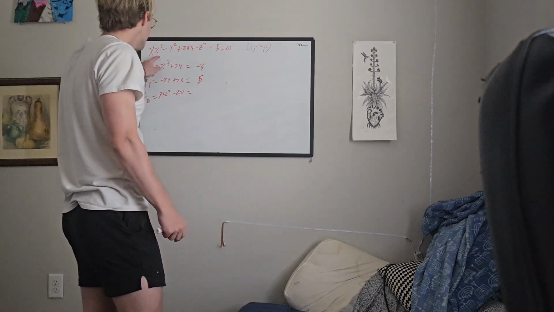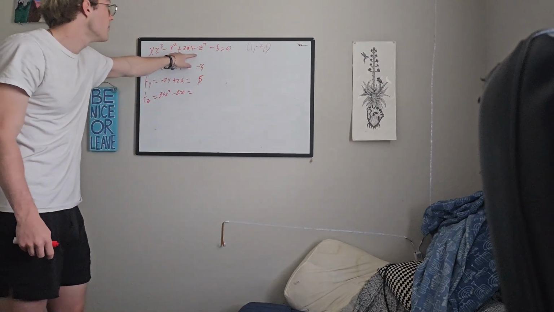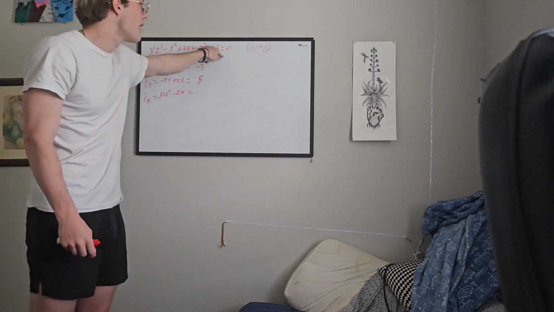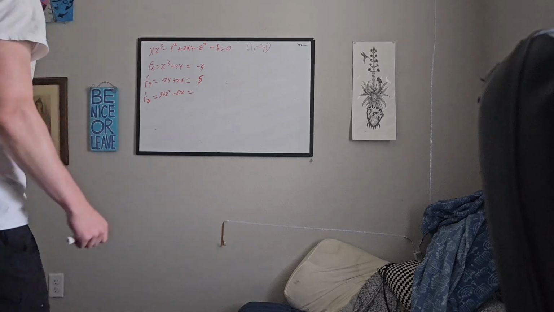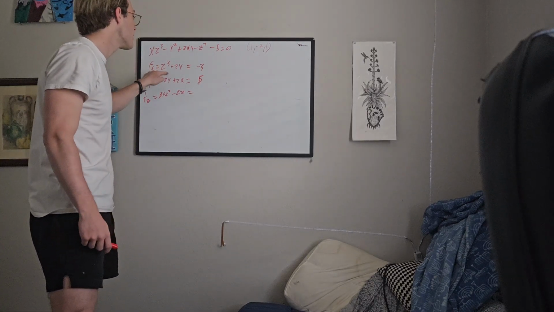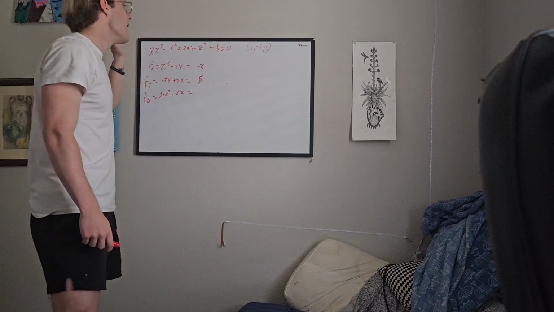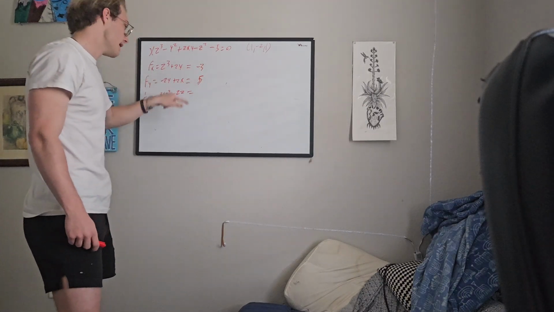You have x z to the third minus y squared plus 2xy minus z squared minus 5. This is an hour-long video. Let me just make sure this frame is right. Yeah, you can see everything. Okay, and you take the derivative with respect to x, and what you get is z to the third plus 2y, and then you plug in this point, and you get -3.